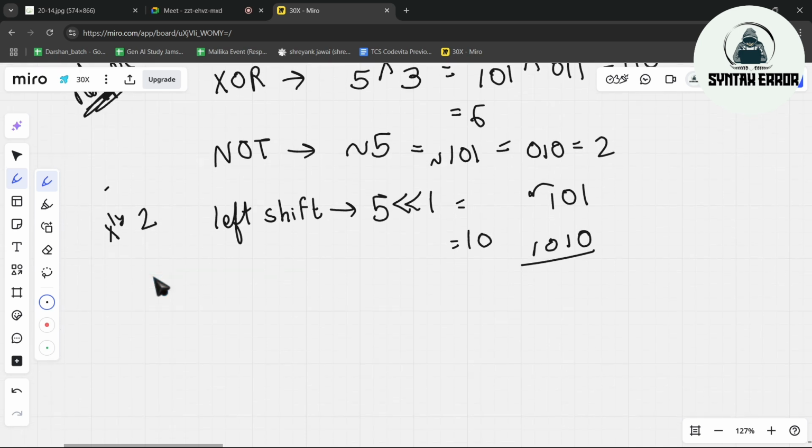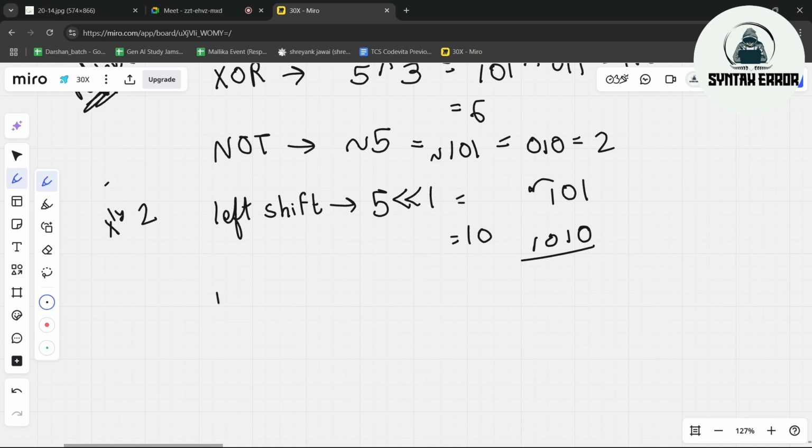It's okay. So when it comes to right shift, if we write 5, right shift 1. So in 101, what will it become? This 1 will come here, this 0 will come here. Wait. So we are right shifting, right?